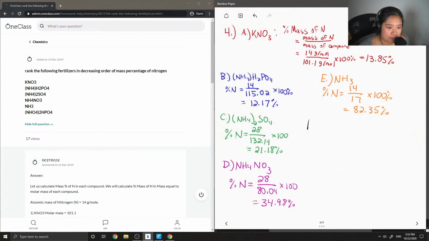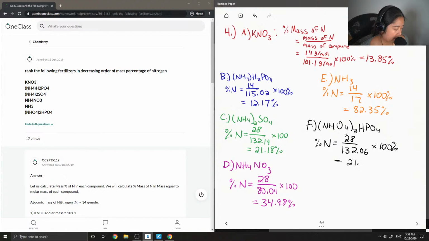And then lastly, let's look at F. So here there are 2 nitrogens, and then its molar mass is 132.06. So its final percentage is 21.20%.